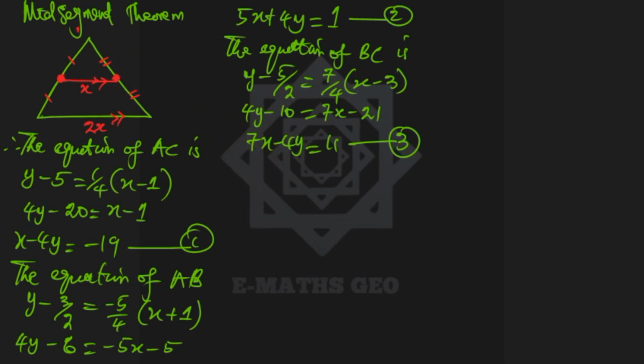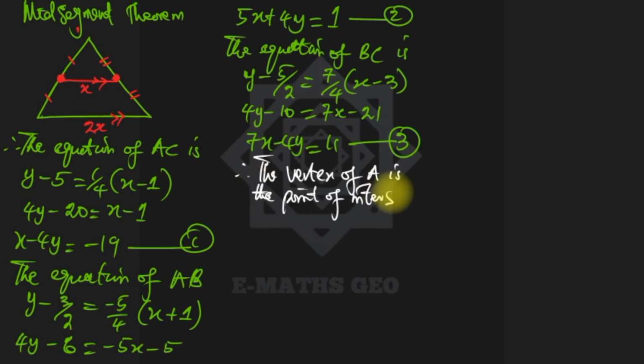Therefore, the vertex of A is the point of intersection of AC and AB, that is, equation 1 and equation 2. So we solve to get x and y.